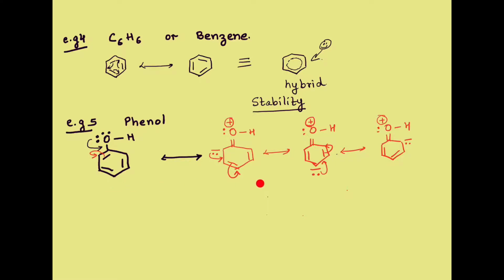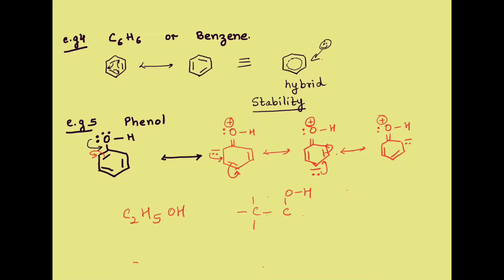They are there. Yes, they are existing. So if I compare phenol to, let's suppose, an alcohol, for example C2H5OH or CH3OH, right? Now this particular compound C2H5OH does not have a resonance at all, right?